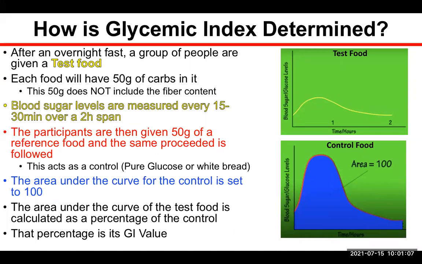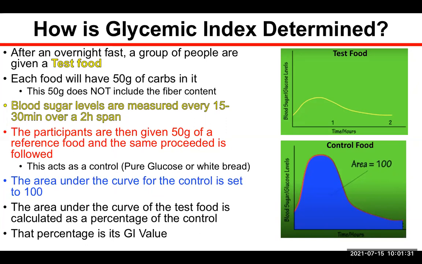The test food was typically some kind of food that had 50 grams of carbs in it. In this particular measurement, they did not incorporate the amount of fiber that was in there. So basically, all kinds of carbs that are present were not distinguished from one another.